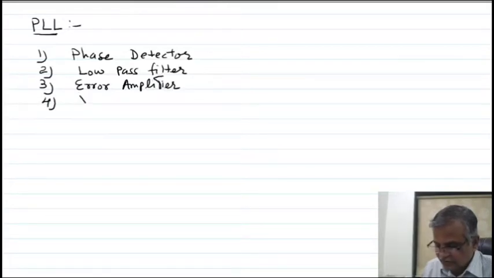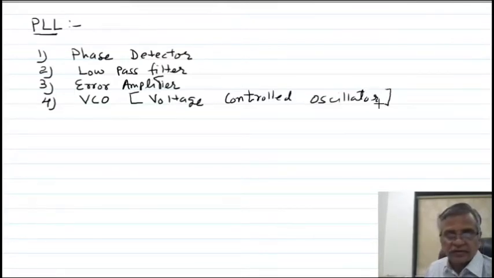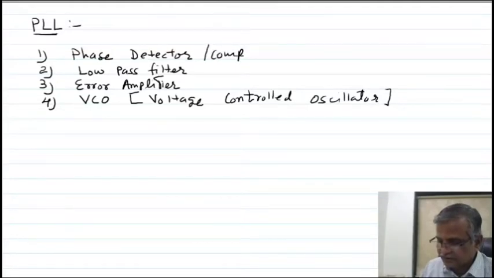Fourth is a voltage control oscillator. It is called VCO. The phase detector is also known as a comparator.